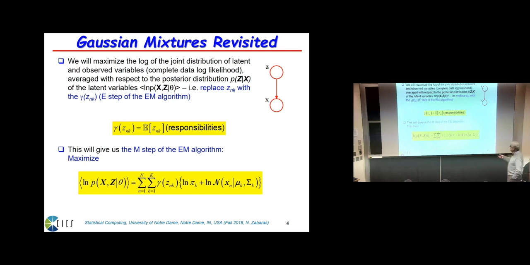Because the variables are binary, those posterior probabilities are the same as the expectation of z_nk, and we call those the responsibilities. So gamma of z_nk is the responsibility that mixture component k takes for explaining point n.